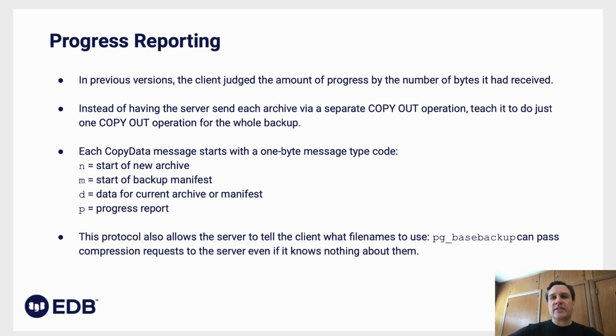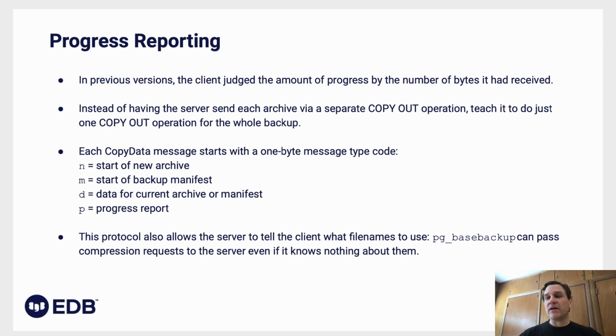This protocol has some fringe benefits, one of which is that it allows the server to tell the client what file names to use. So if you tell pg_basebackup to use some compression method that pg_basebackup doesn't know anything about, but you ask for the compression to be performed by the server, pg_basebackup will just forward that compression request to the server and see what happens.